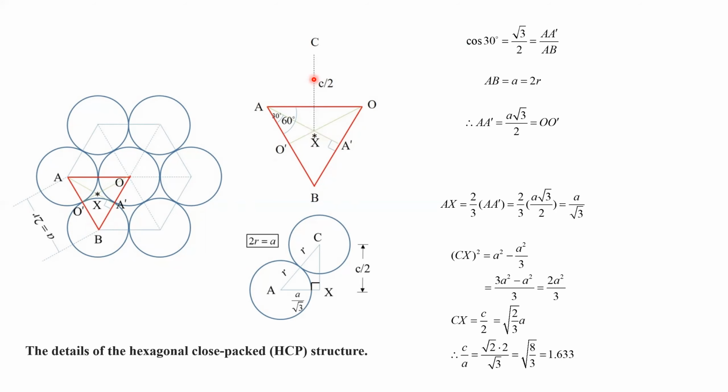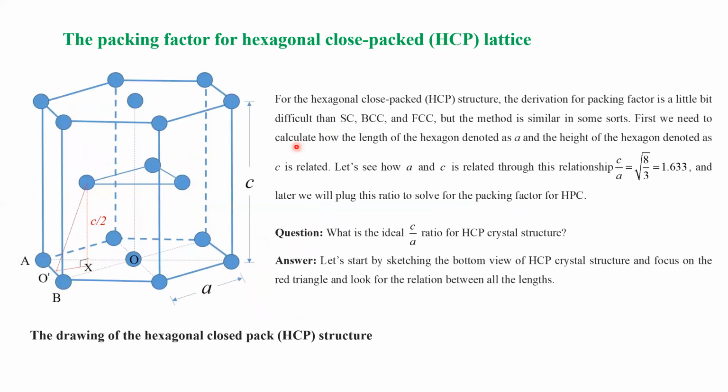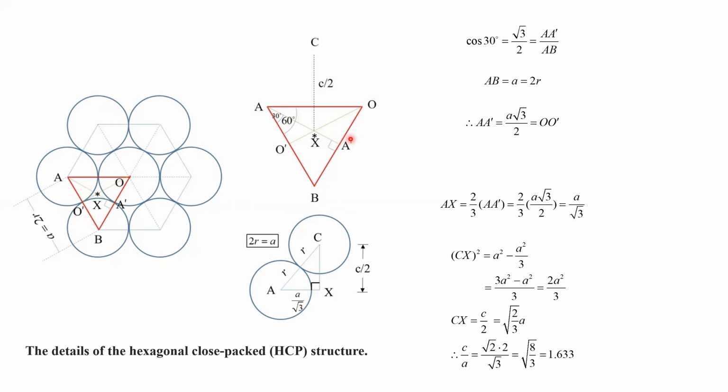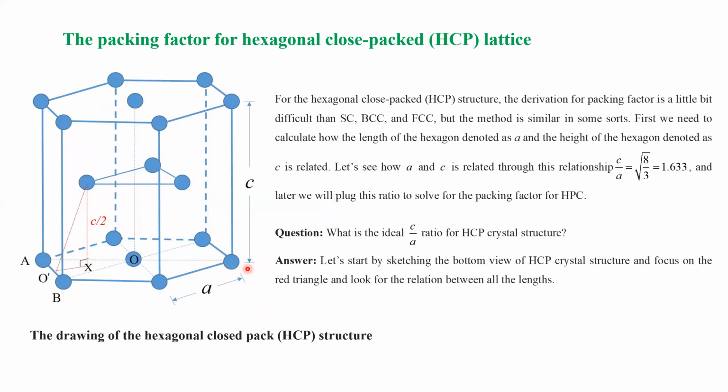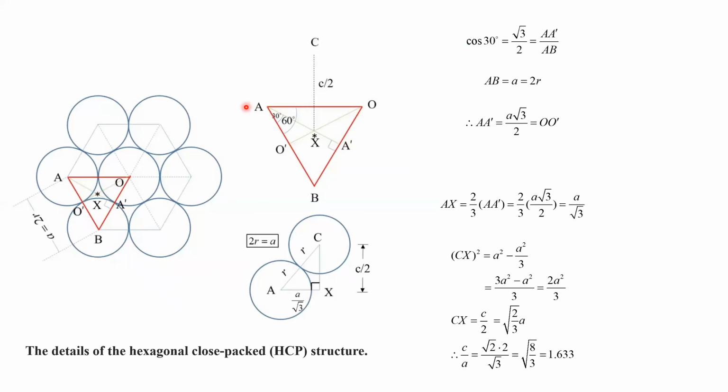This is C over 2, from the base to the middle, because this is C. Right in the middle, let's call it X star. Draw a line from A to A prime and O to O prime.